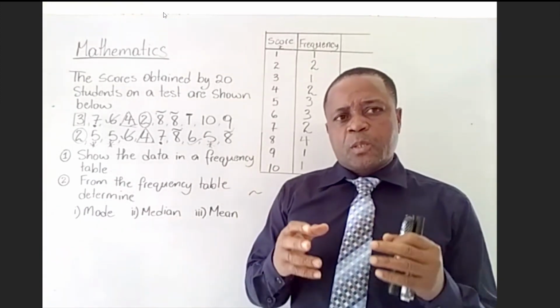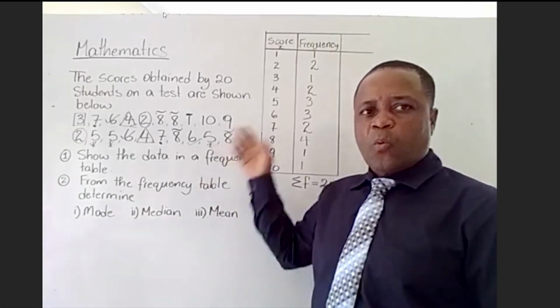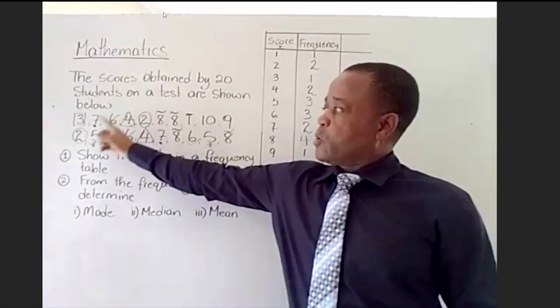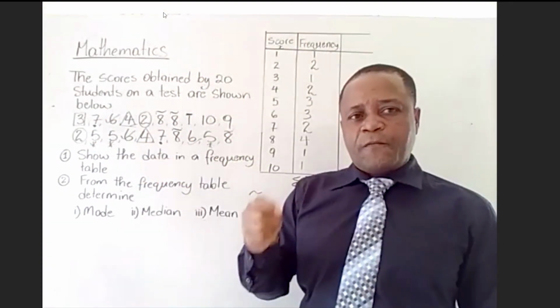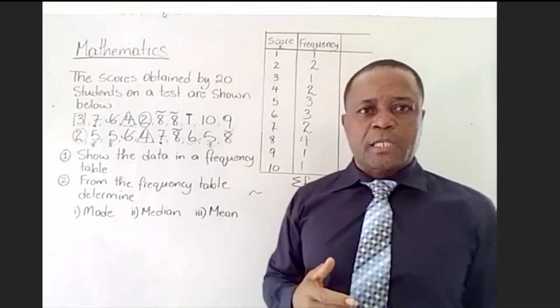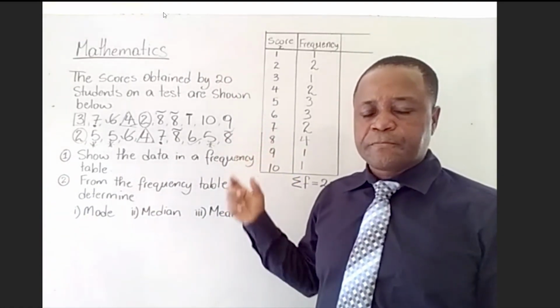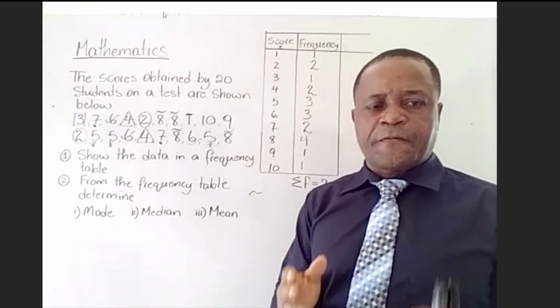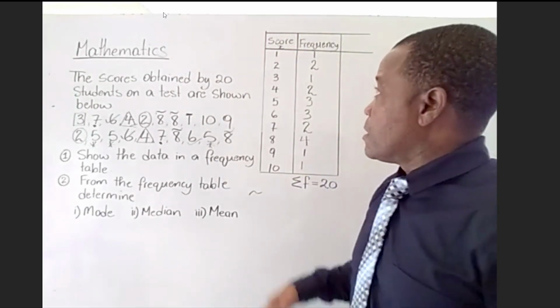I want you to understand fully why we do what we're going to do with the frequency table. So when we use our raw data, it will give you a better understanding as it relates to the calculation from the table. Now, let us try and understand the table first and foremost.